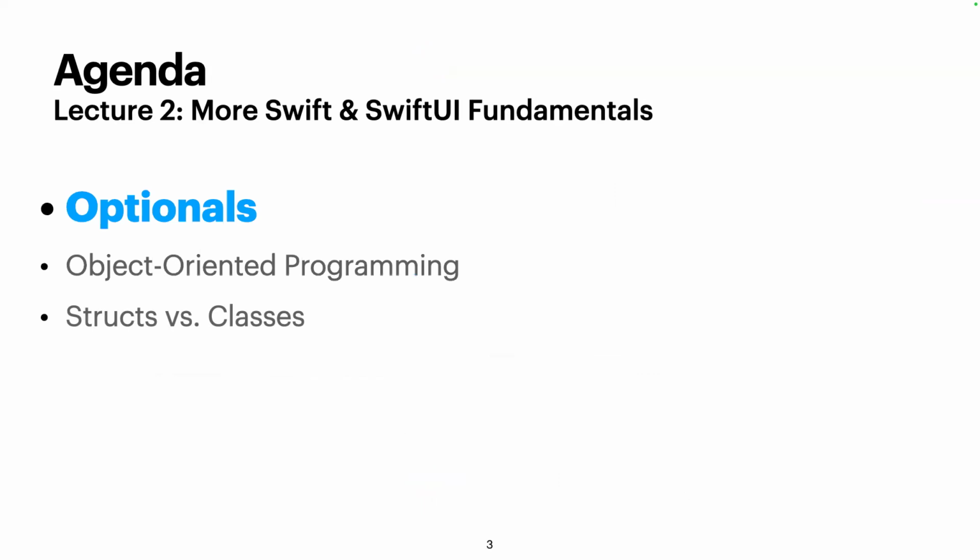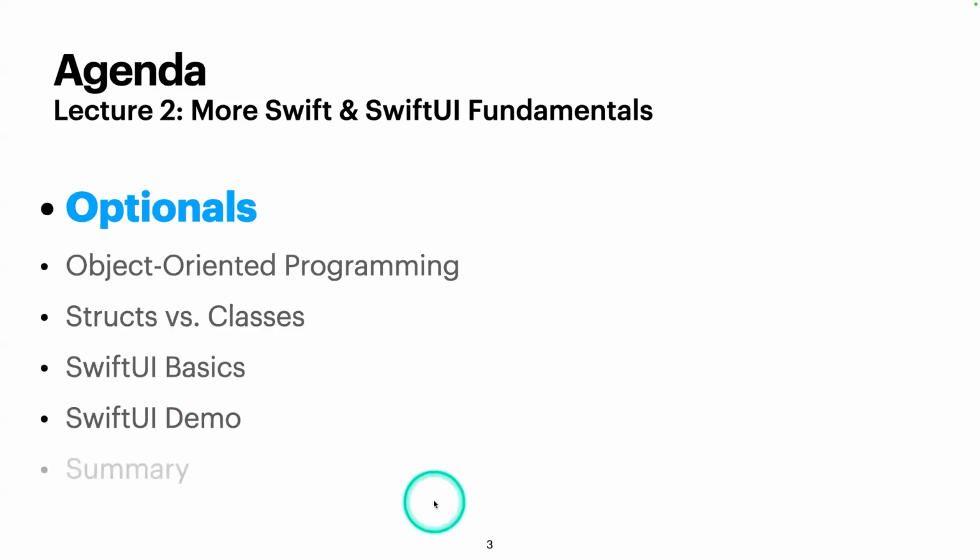So there are two ways that we can create objects or instances, and we're going to talk about the differences of when you use structs versus classes. And then we're going to talk about some fundamental SwiftUI basics: what is SwiftUI, what is the philosophy of SwiftUI, and how would you use SwiftUI to create UI. And then I'm going to do a demo about creating a UI in SwiftUI.